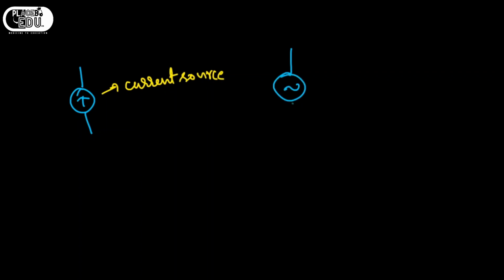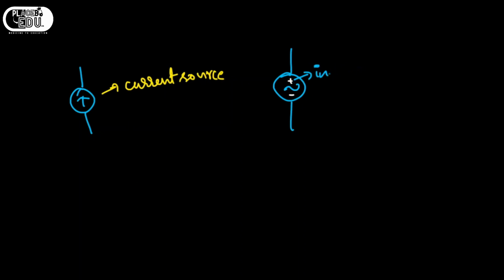Next, this is a current source. Next one. This is a voltage source. These are instant polarities.